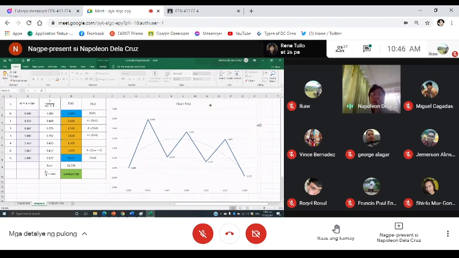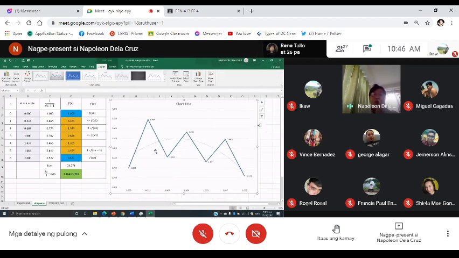Eh bakit, sir? Sinolve natin na sobra-sobra. Itong sumobra na ito, doon yung papasok. That is why the area under this curve is almost equal to this area under this. Okay? Dahil maliit lang ang error niya.